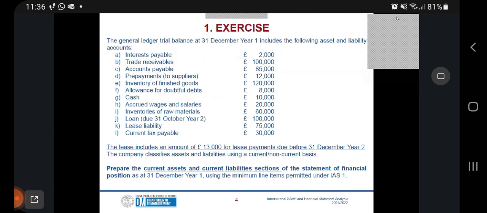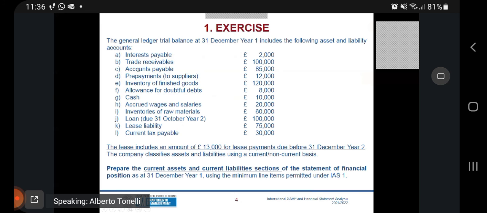We can read together. The general ledger trial balance at the 31st December year 1 includes the following asset and liability accounts: interest payable, trade receivables, accounts payable, prepayment to suppliers, inventory of finished goods, allowance for doubtful debts, and so on.